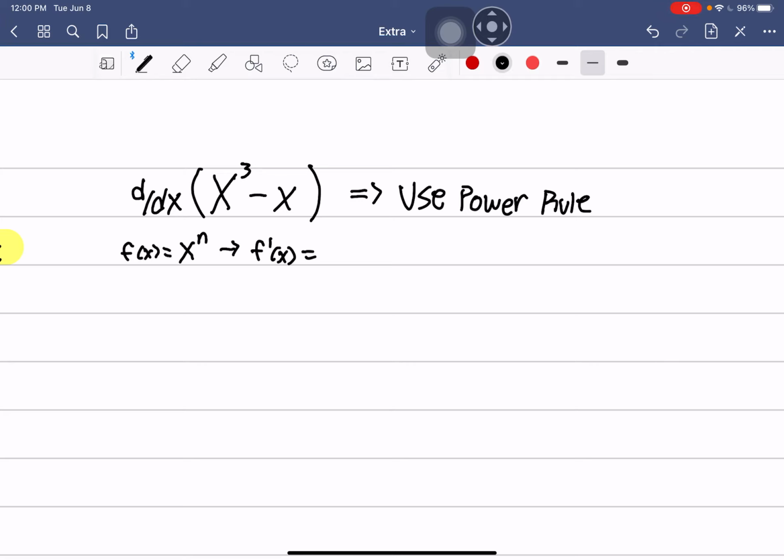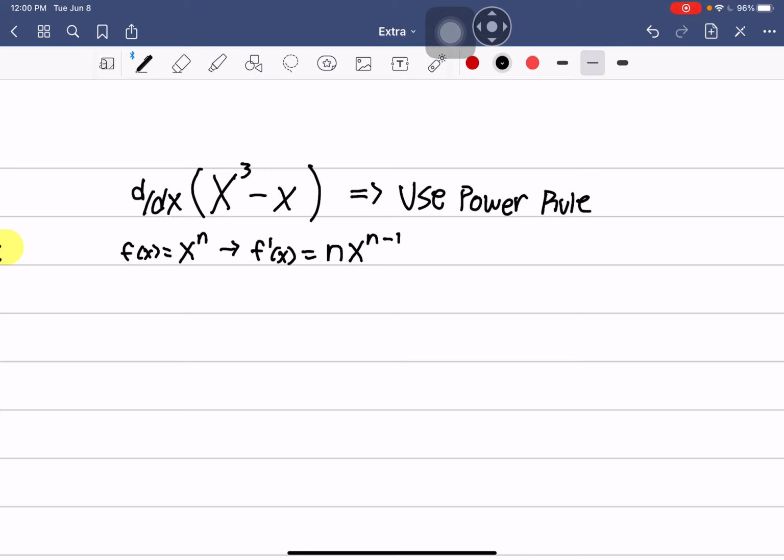Okay, so whenever we have f of x is equal to x to the n, f prime of x, or the derivative, will be n x to the n minus 1. Okay, so what does this look like for this question?